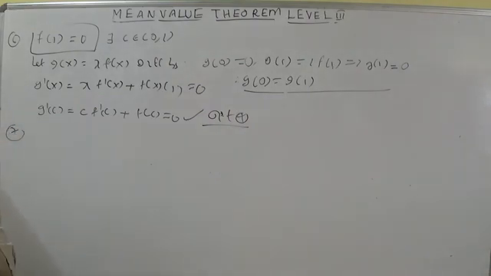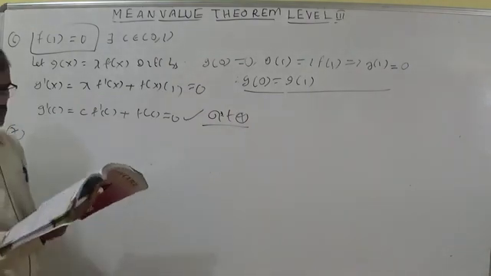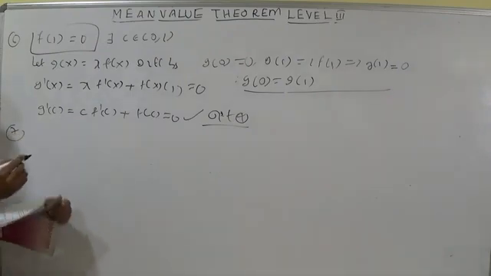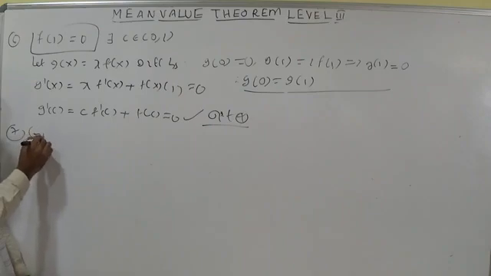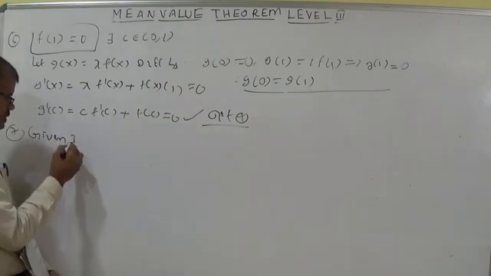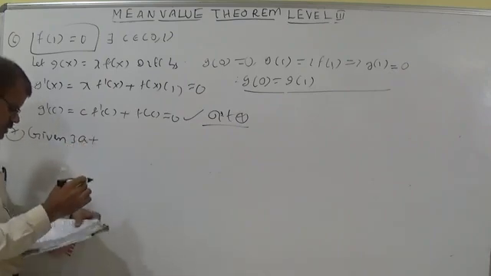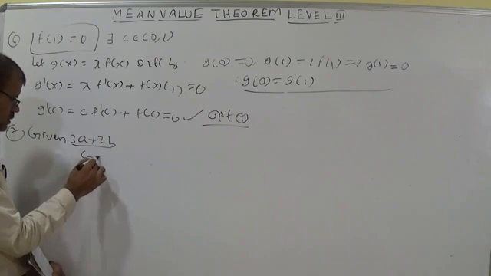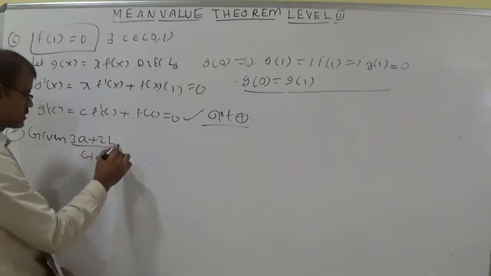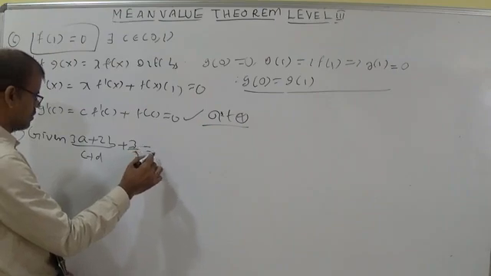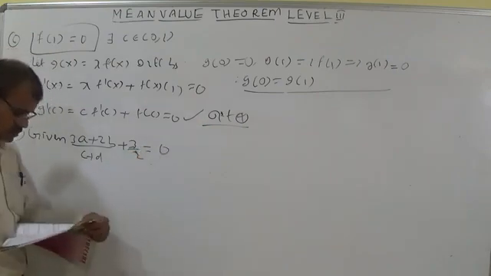Next, let us discuss the seventh question. A, b, c, d are real numbers such that 3a plus 2b by c plus d plus 3 by 2 is equal to 0.